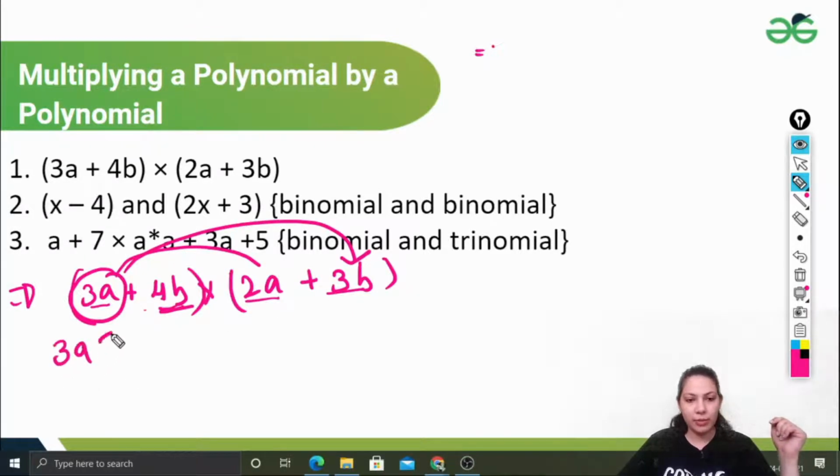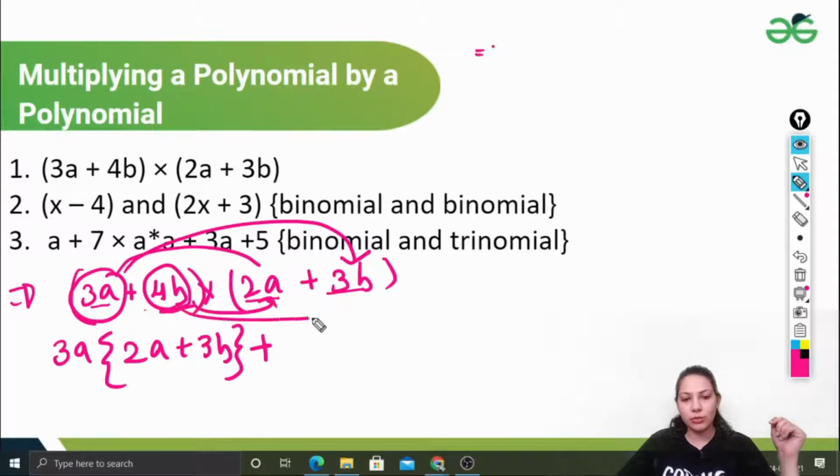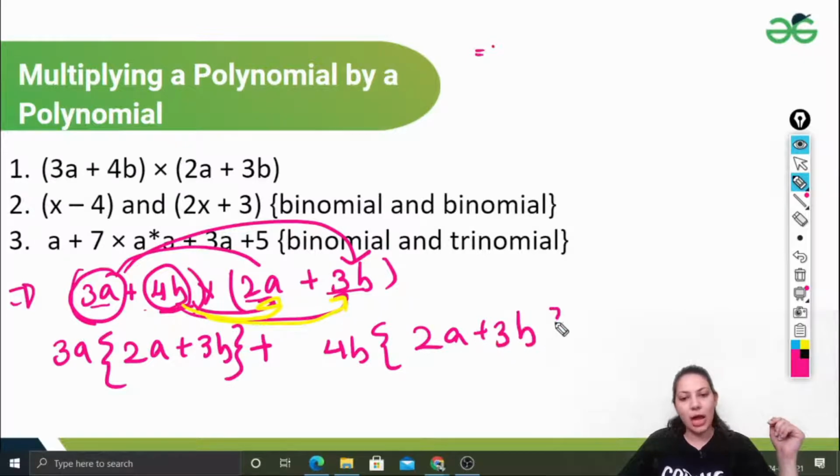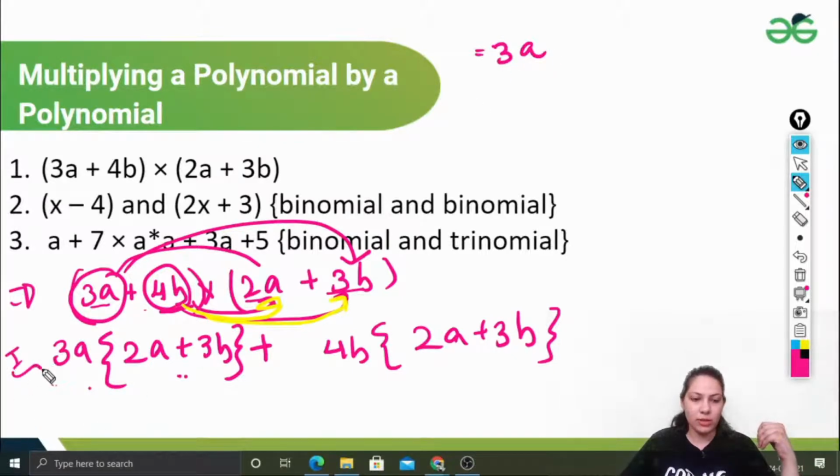So 3a will be multiplied by 2a plus 3b, then plus 4b to this and to this, that is 4b multiplied by 2a plus 3b. This is how we break down a polynomial multiplication. Then we can solve individually, just like in the previous question we did. So let's do this first. This is the first part, suppose, and this is the second part of our question. So first part, 3a into 2a plus 3b.